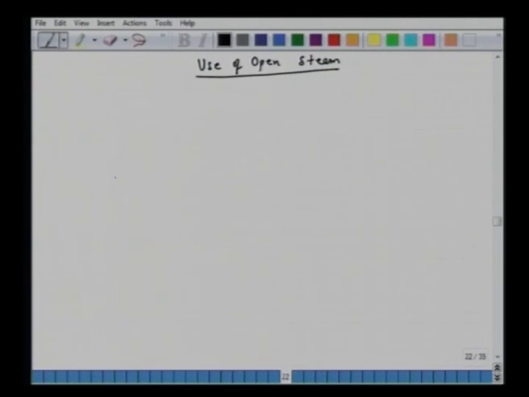Okay, so what we have here is a distillation column. We have stages here. Feed is sent somewhere here, with flow rate F and composition XF. We have the top product withdrawn. Then we have this condenser.